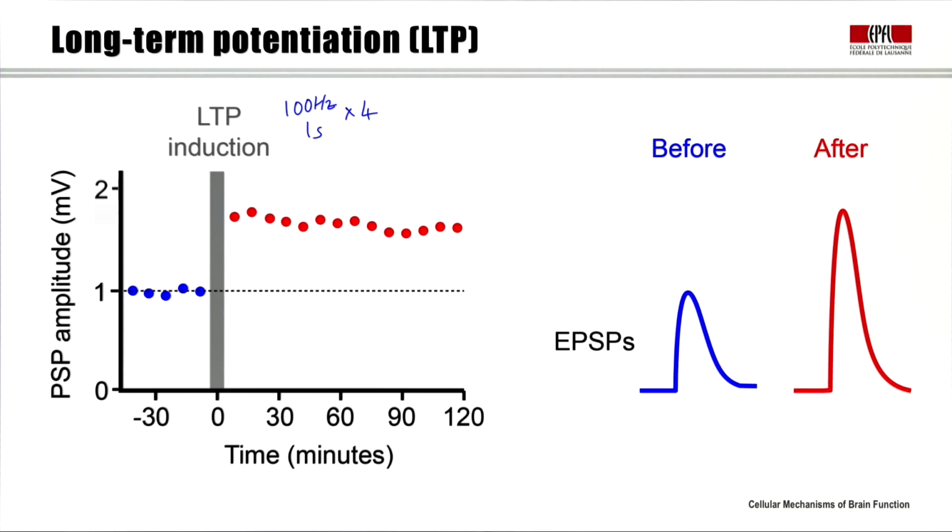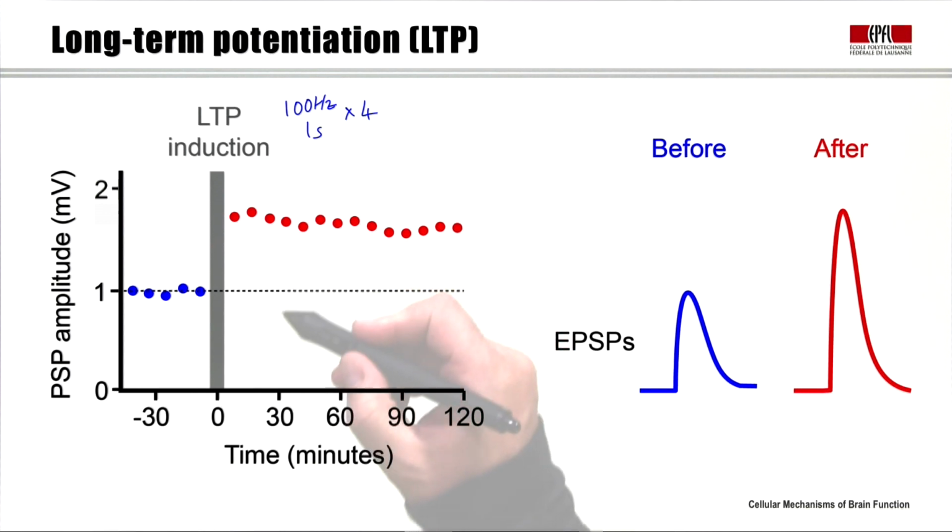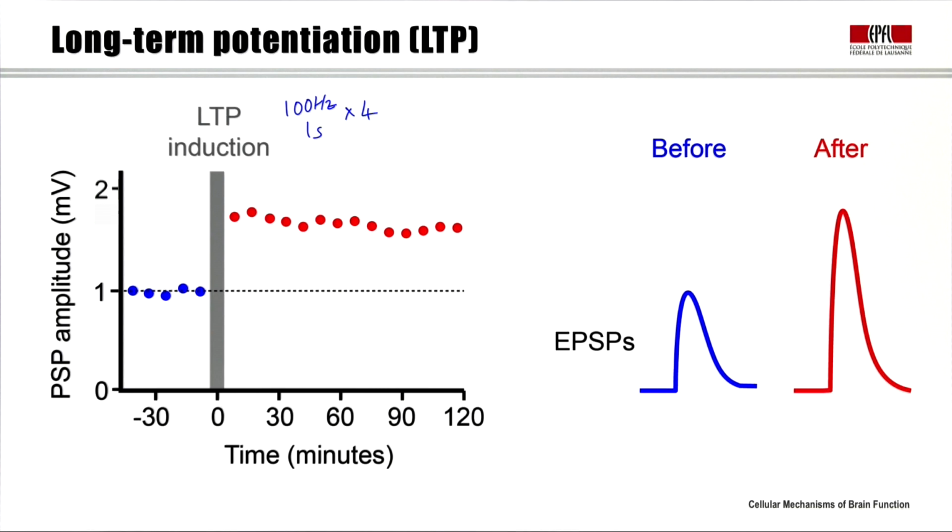And then when they returned to stimulating as they'd been doing during the baseline period, they found that the response amplitude had dramatically increased. And that's the phenomenon of long-term potentiation. That increase in the PSP amplitude can be very long-lasting.